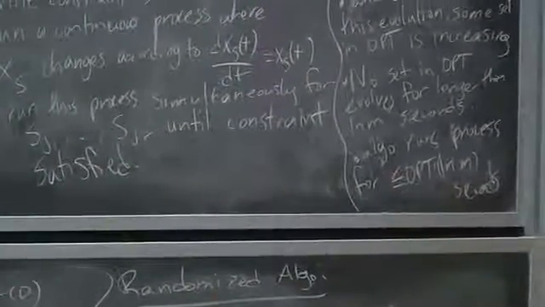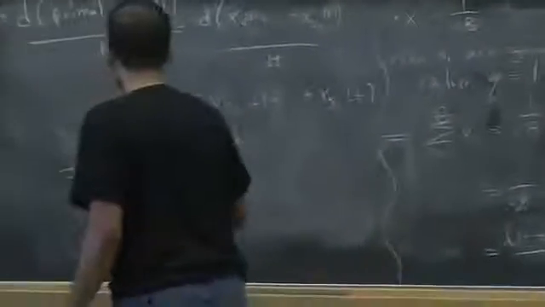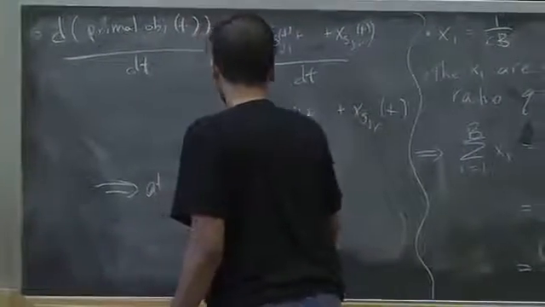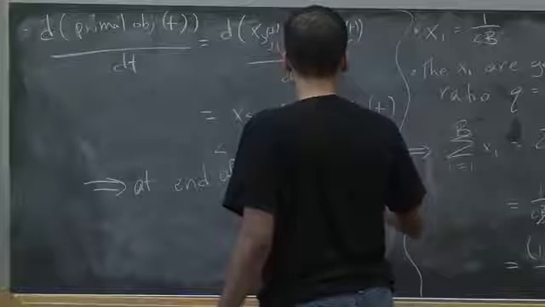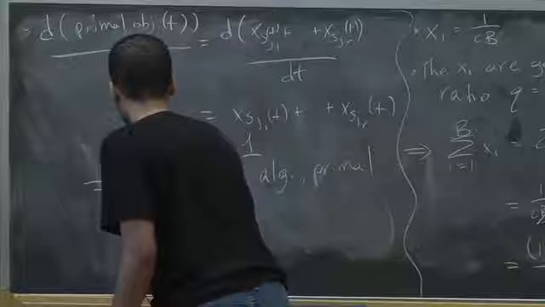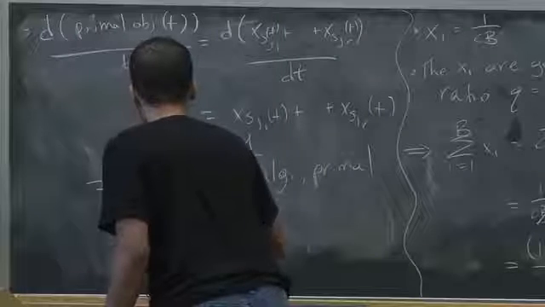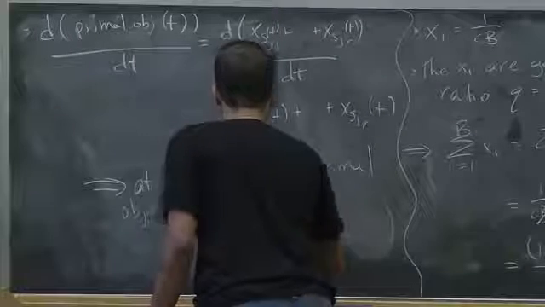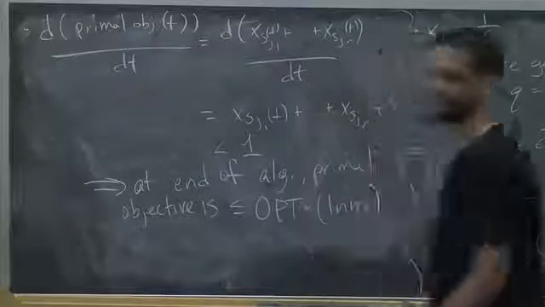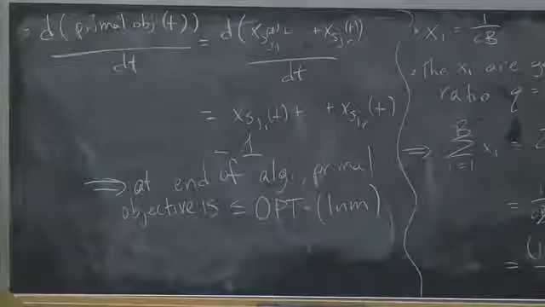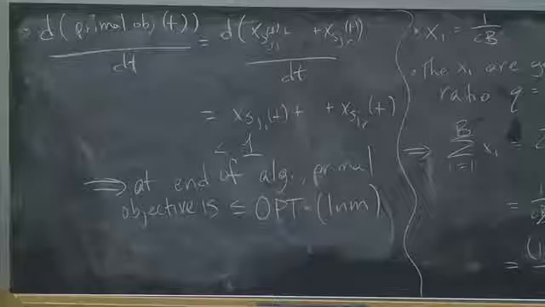So that implies that at the end of the algorithm, the primal objective is at most opt times ln m. Okay. So we're ln m competitive. Or are we?